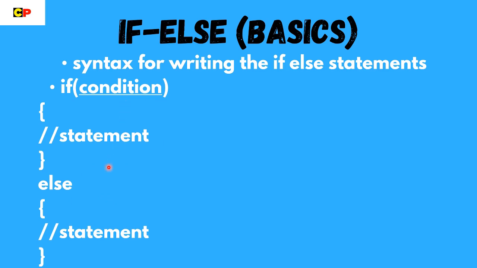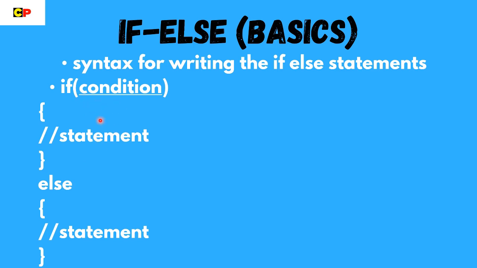Suppose the condition is not correct, that means today's date is 29th. So I will say that I will not ask for pocket money from my mother today, but I will ask for it tomorrow. So this is the statement when this condition is not true. This is how the syntax works. You don't need to write any condition in the parenthesis of the else block. You just need to put the condition in the if block.